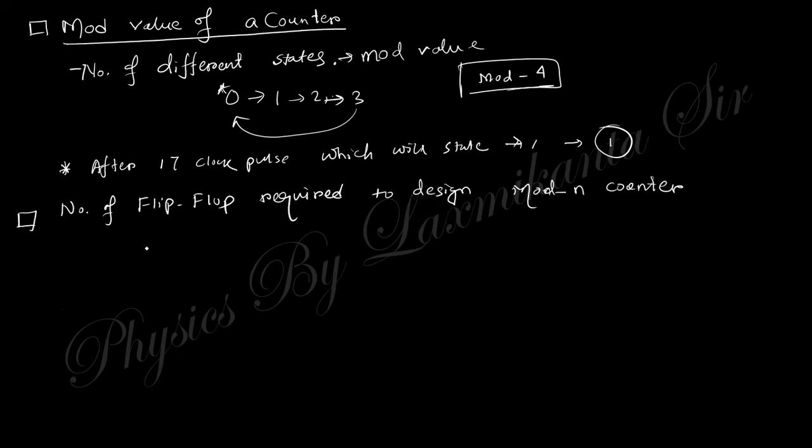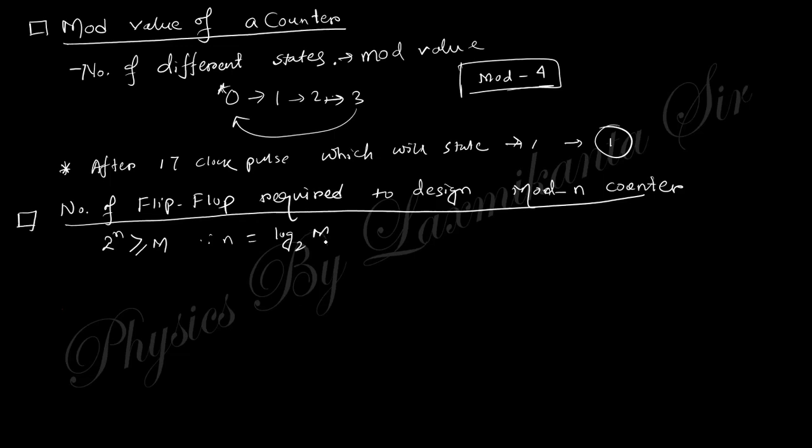For mode 4, this is mode n. For a mode n counter, what is the minimum number of flip-flops required? Actually, you know, for binary states 2 to the power n, so you can say 2 to the power n is greater than or equal to the mode m. So n is nothing but log to the base 2 of m, right?